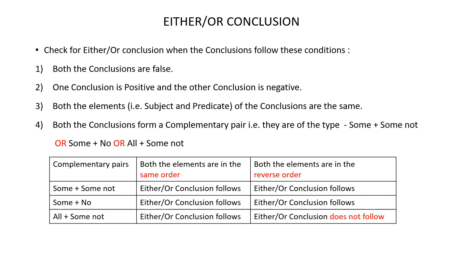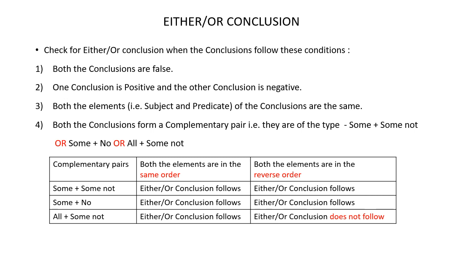The subject and predicate of the conclusions are in the reverse order, means that the subject of the first conclusion will be the predicate of the second conclusion, and the predicate of the first conclusion will be the subject of the second conclusion. So, you have to remember to check whether the subject and predicate of the conclusions are in the same order or in the reverse order.